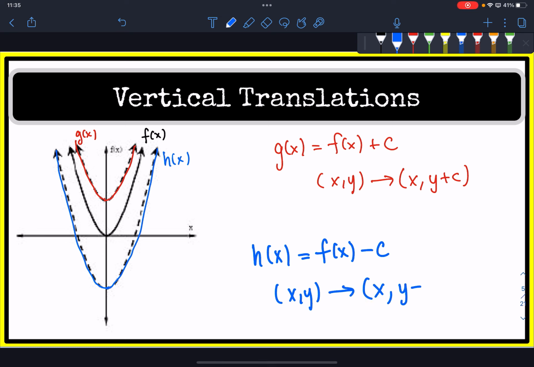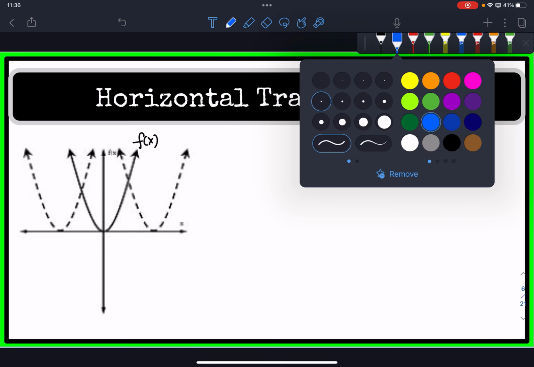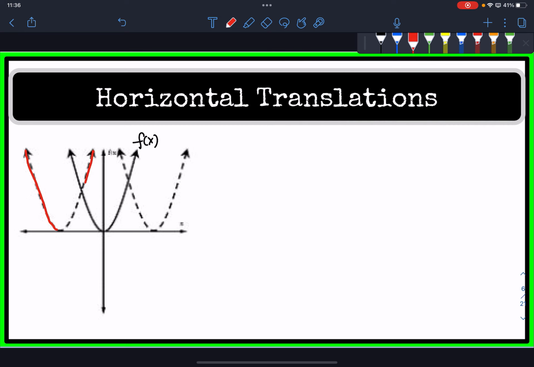So if we call the original function f of x, and we call this function here, shifted to the left, g of x, we get g of x by adding a horizontal shift value to that quantity of x.